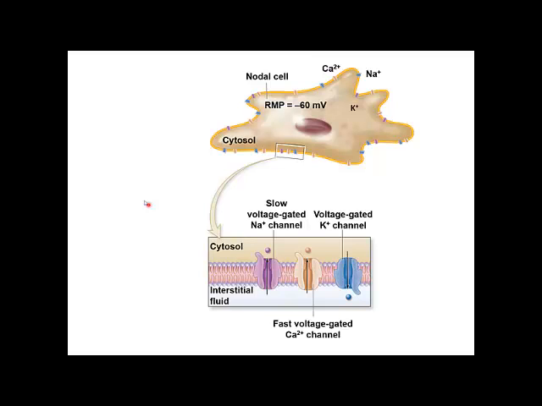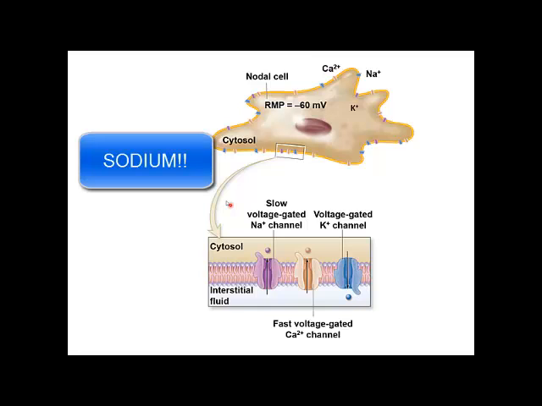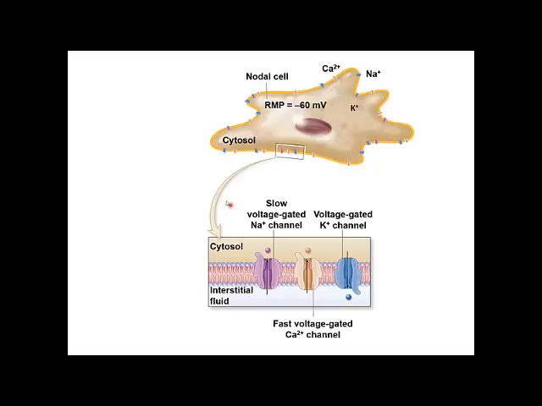In nodal cells, all of these channels are slightly different, but the main difference is in the sodium channel. Remember, we called our sodium channel in both the skeletal and regular cardiac muscle cell a fast voltage-gated sodium channel. We now have a new one, and this is going to be our slow voltage-gated channel. And this sodium channel functions differently from just about every other cell. We will also have our same fast voltage-gated calcium channel and a slightly different voltage-gated potassium channel.